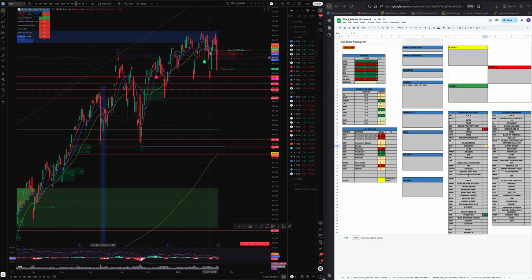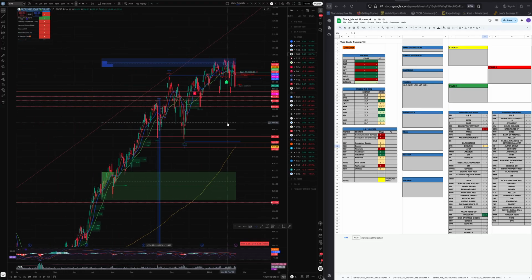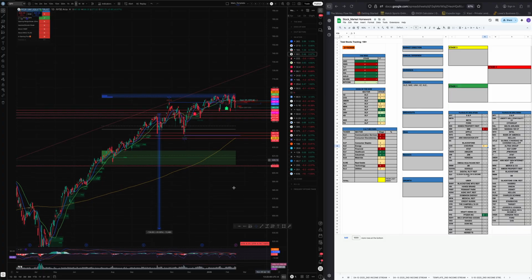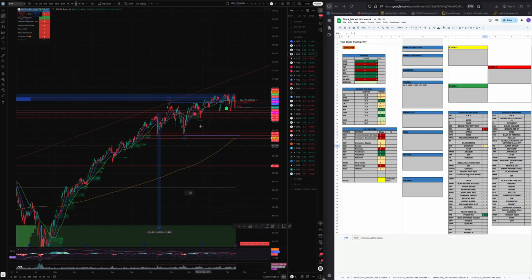Chat, broke above it. Boom. This same and it keeps tapping down. Keeps tapping. Let me see something. This is S&P. Tricky. Right now it's a little tricky.